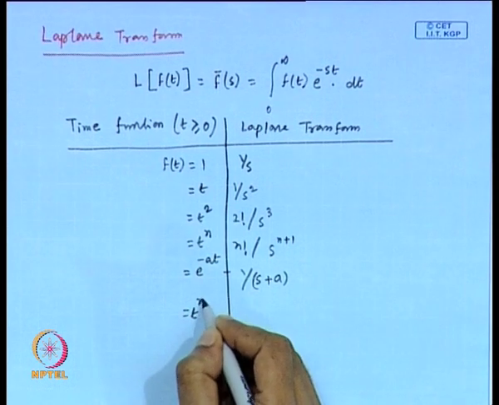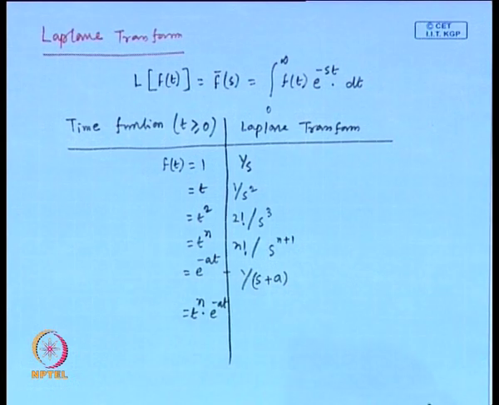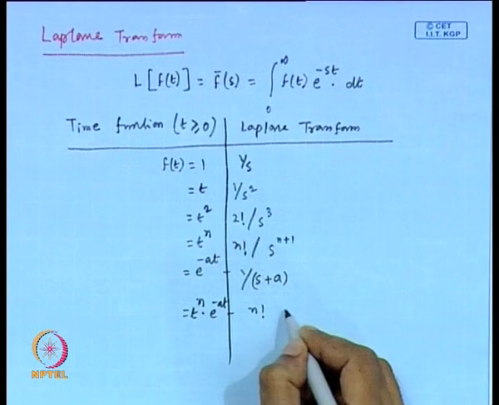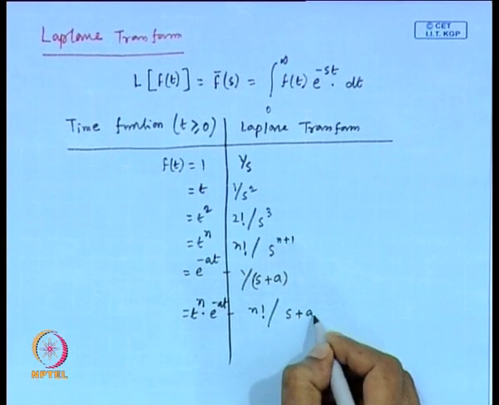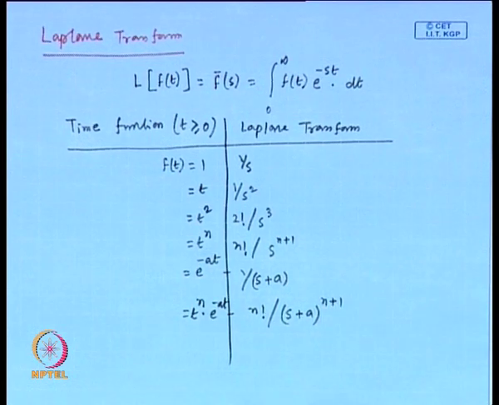This is t to the power n e to the power minus a t. Laplace transform is factorial n divided by s plus a whole to the power n plus 1.